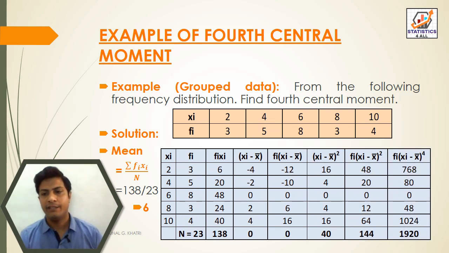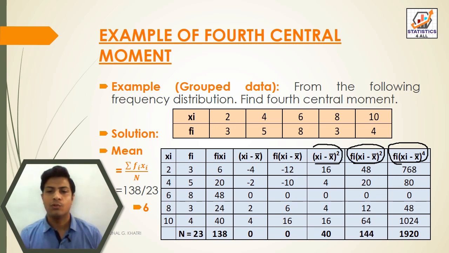Now we find fi into xi minus x bar raised to power 4, that is fi into xi minus x bar whole square into xi minus x bar whole square.